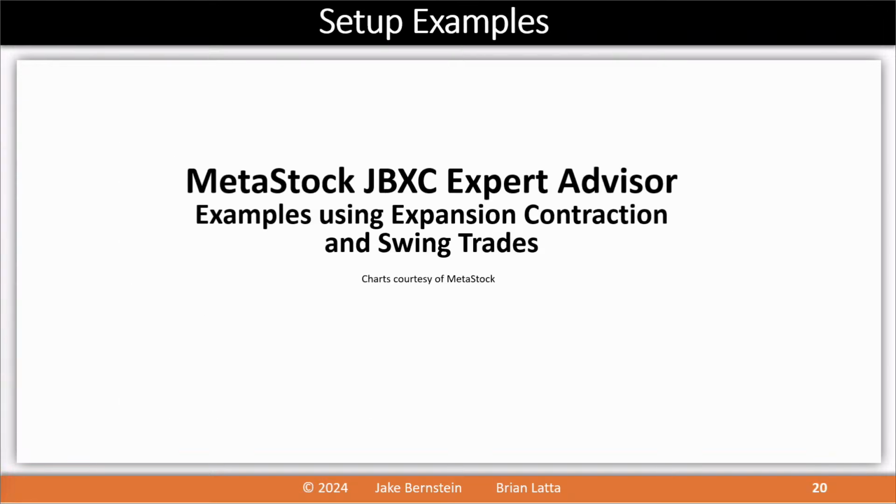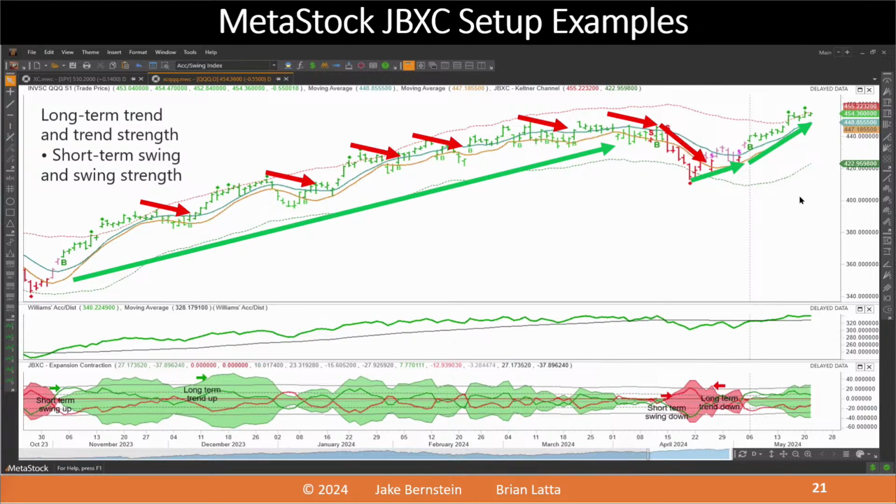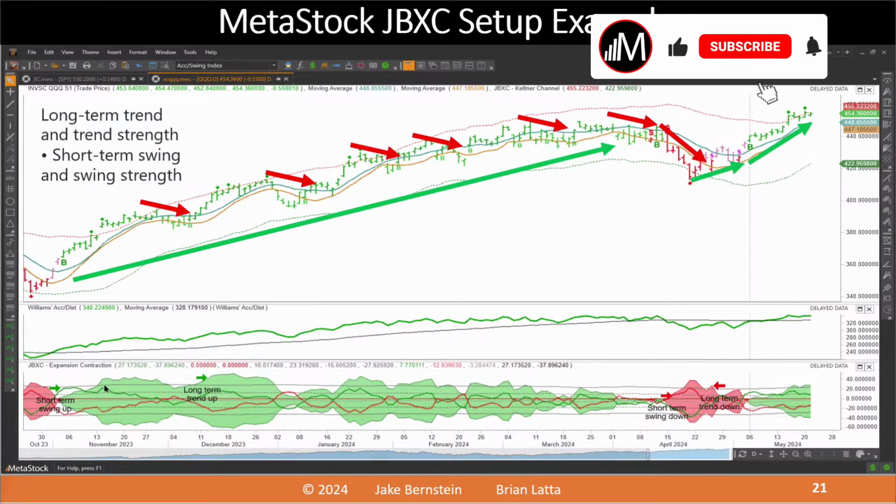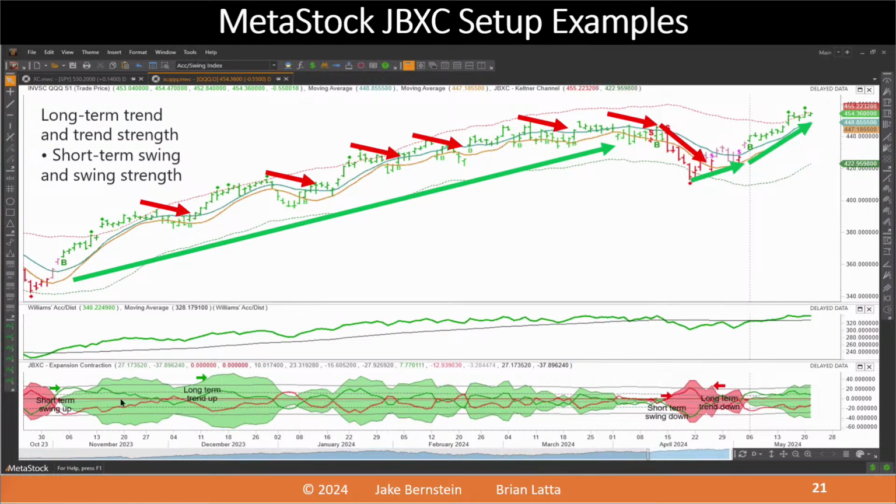So I do want to run in real quick and pop up some chart examples using the MetaStock charts to show basically this green rising line over time, it equates to the cloud or the cone in the background that has green shading. It shows the buy setup from when we've gone short-term, long-term bullish, and over time, what that trend is.